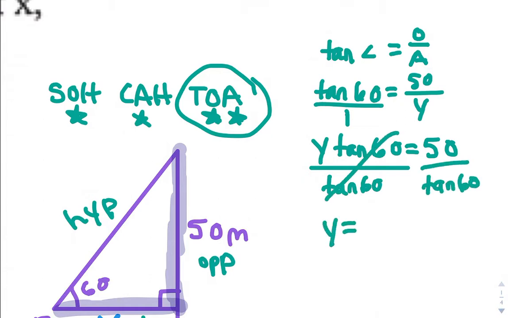So now in your calculator, 50 divided by, and then in parentheses, tan 60. Make sure your calculator's in degree mode or else you're not going to get the right answer. And we get 28.8675. So I suggest you always write out 4 decimal places in this.